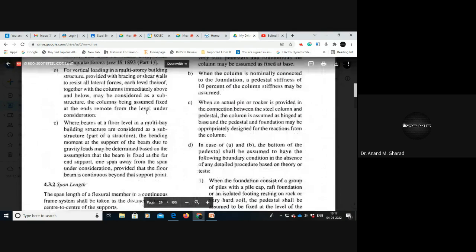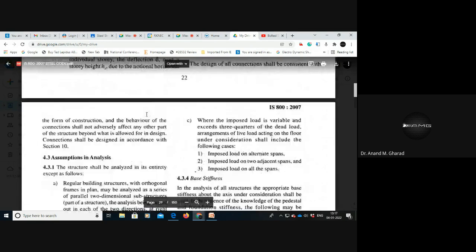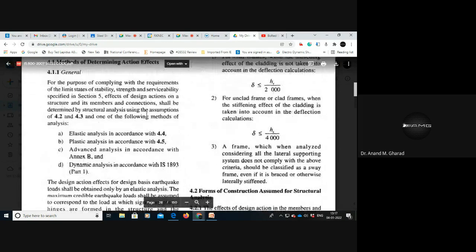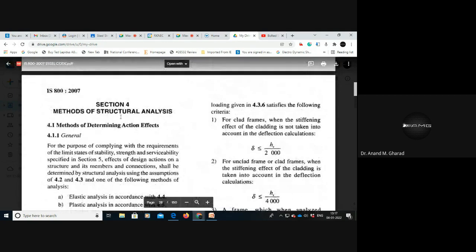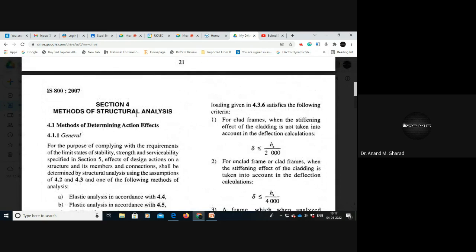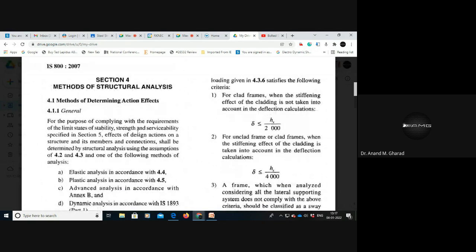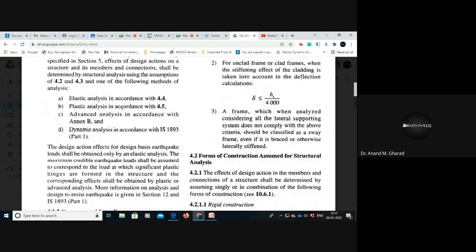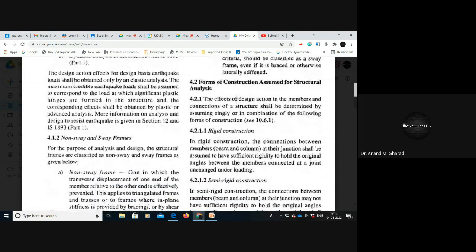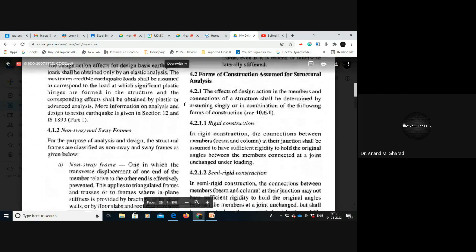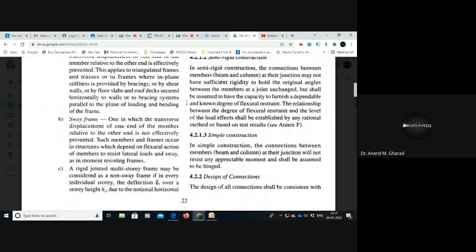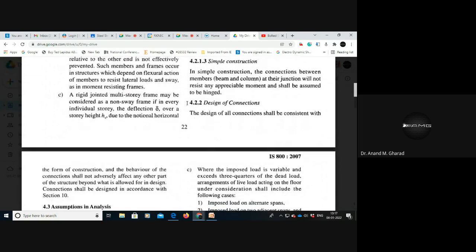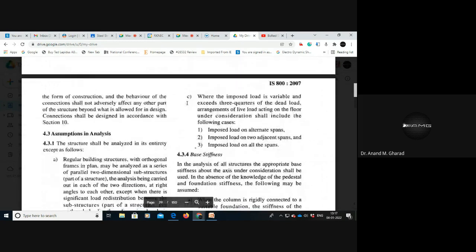Right. So this section is methods of structural analysis. Various glimpses related to the structural analysis methods are provided over here, and we can make use of all these parts in order to first of all analyze the given problem, and later on you can go for the designing part.